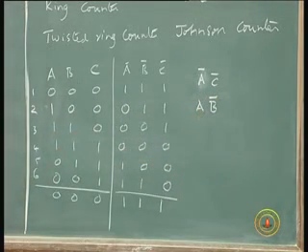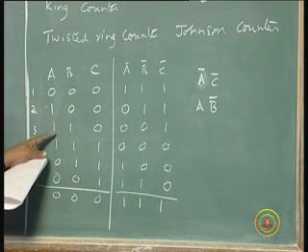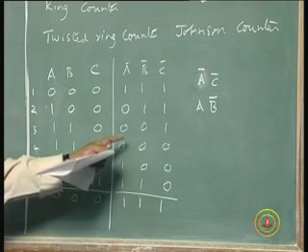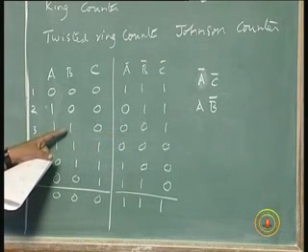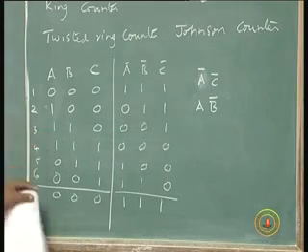A B bar. A C bar. All right. Second is all right. What is third one? B C bar. B C bar, right. B C bar.